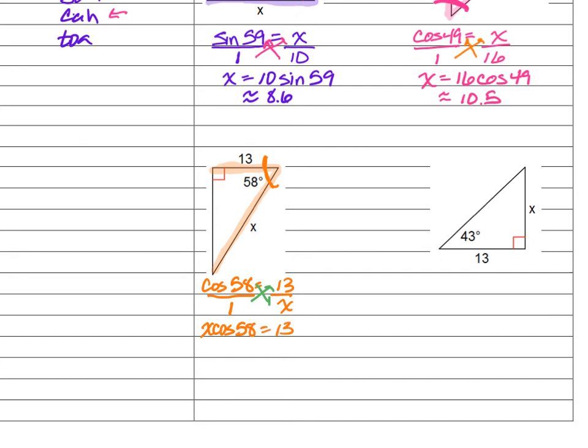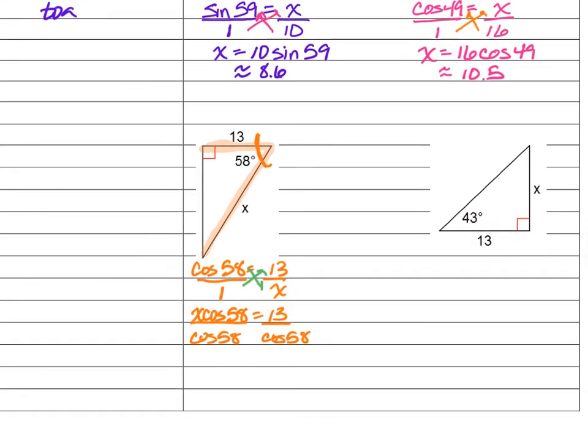How do I get my x by itself? Because it's x times the cosine. So I'm going to divide by cosine of 58. Okay. So x equals 13 divided by cosine of 58.